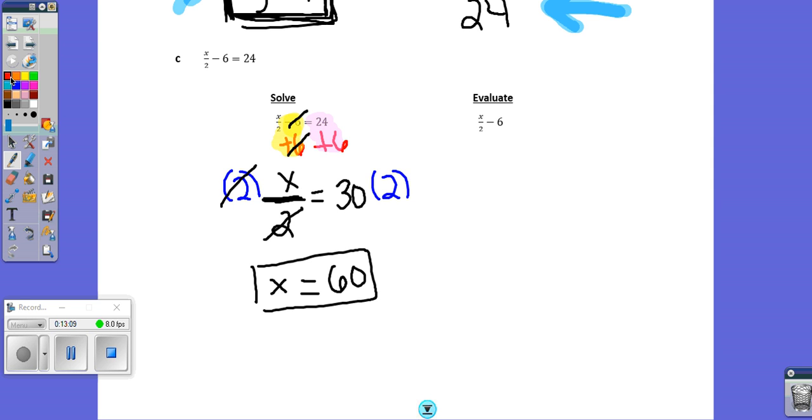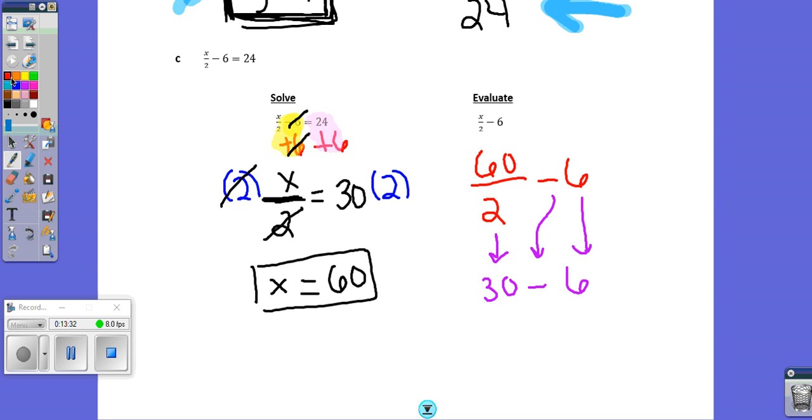So instead of x, I will write the number 60. So I have 60 over 2 minus 6. Division comes before subtraction when I evaluate. So 60 divided by 2, that's equal to 30. So I have 30 minus 6.